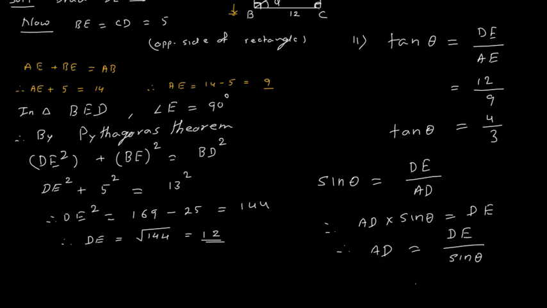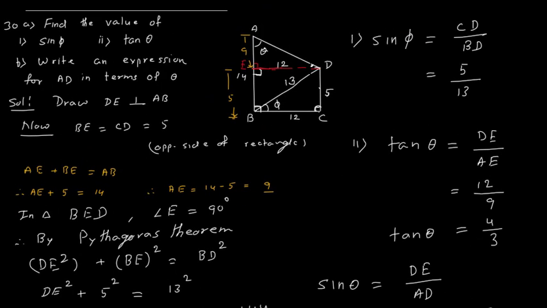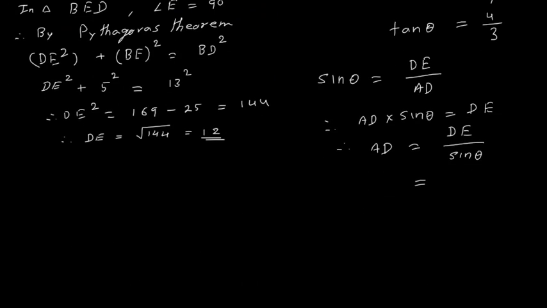Now the value of DE is 12, so AD can be written as 12 divided by sin theta. So this is the expression of AD in terms of theta.